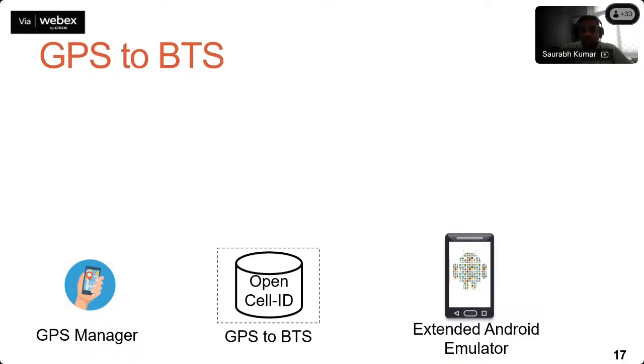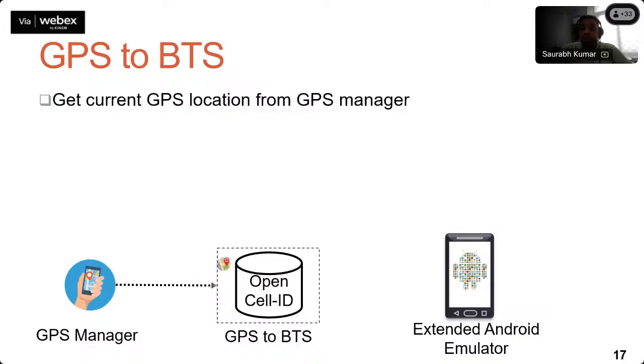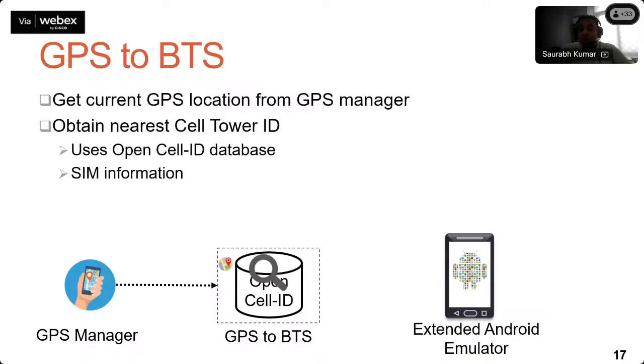It takes the current location from the GPS manager, and then obtains the nearest cell tower ID from the OpenCellID dataset database. This OpenCellID database contains cell tower locations and where each is situated. So it contains the cell ID and the location inside the database. And we also need to utilize the SIM information.